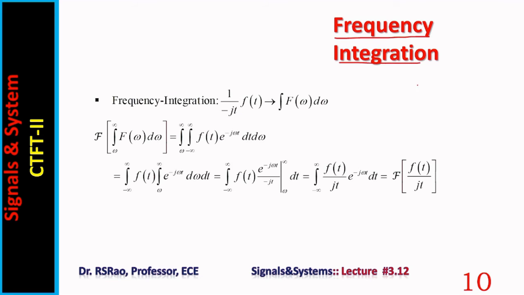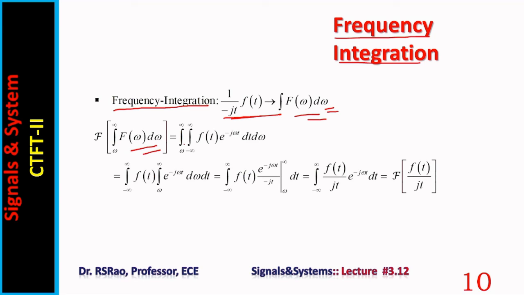Frequency integration. According to this property, the Fourier transform of 1/(minus jt) multiplied by f(t), this product, is the integration over F(ω) dω. To have a deeper level understanding of this property, consider the Fourier transform of the integral of F(ω) dω.